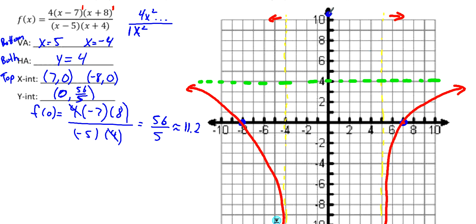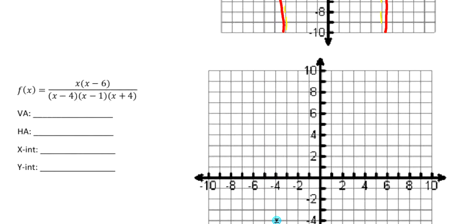Now, since my y-intercept's way up here, that means it probably comes down like this and then goes back up like that. Now, it could do a number of things. It very well could come down this way and then come back up like that, but we're just talking about the general shape of these rational functions to get an idea of what it looks like. All right, let's look at the next one.